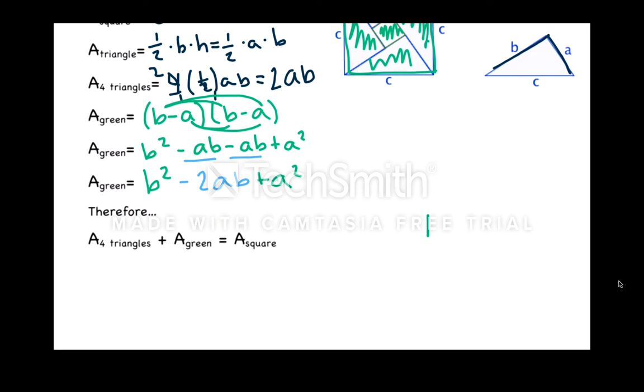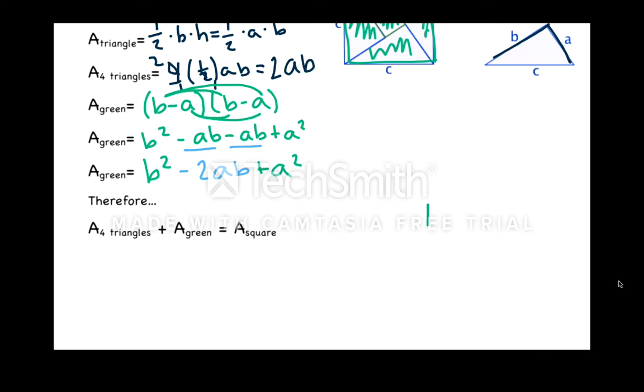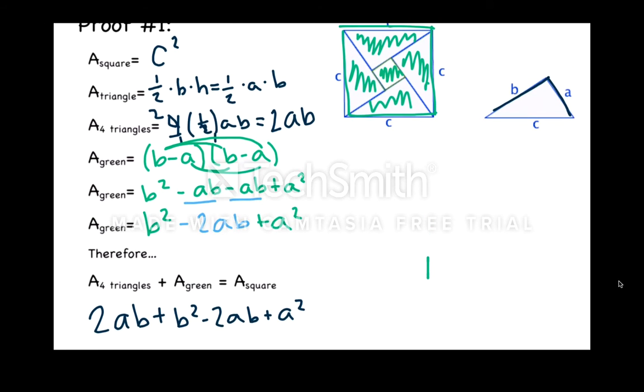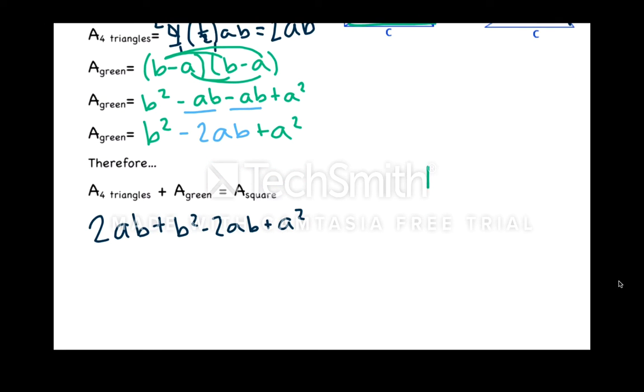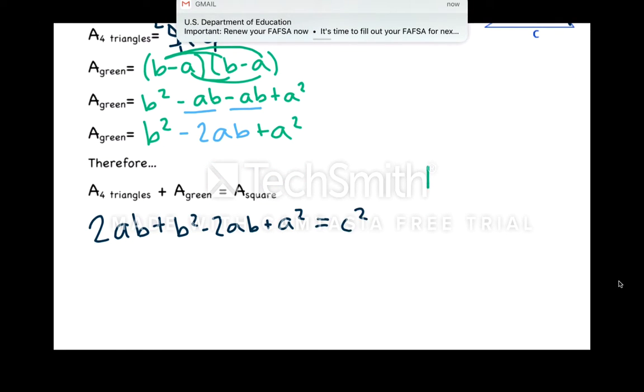The area of the four triangles I already found is 2ab, and the area of that inside green square is b squared minus 2ab plus a squared. And if we look back at the first area we found, the area of that whole square is c squared.